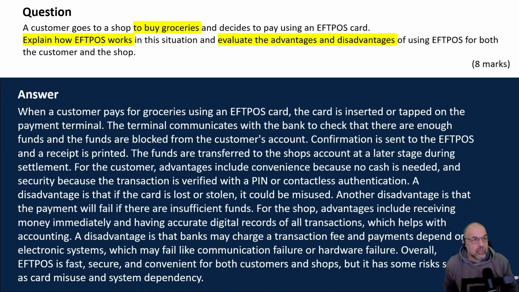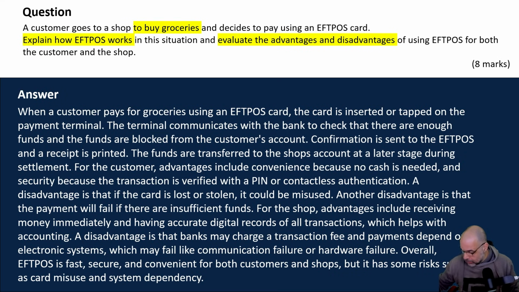Okay, final question here that I've got for you. A customer goes to a shop to buy groceries and decides to pay using an EFTPOS, electronic funds transfer point of sale card. Explain how EFTPOS works in this situation and evaluate the advantages and disadvantages of using EFTPOS for both the customer and the shop.